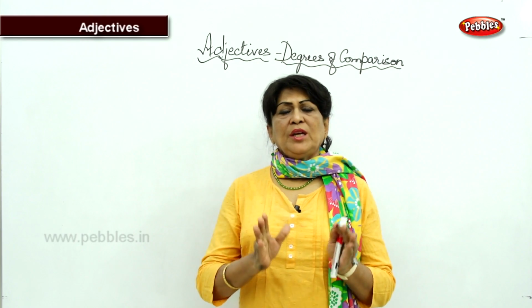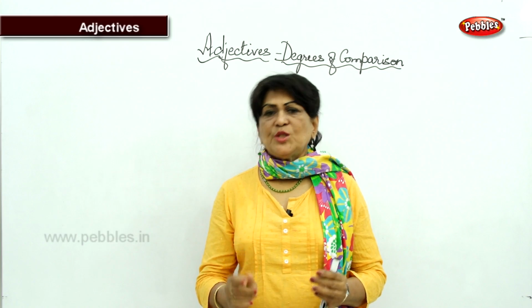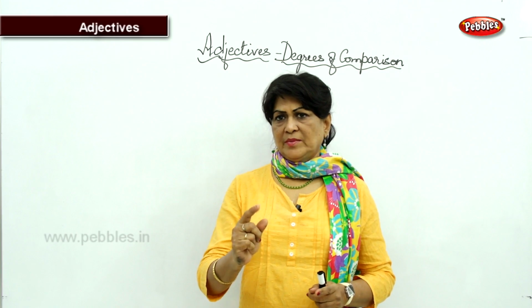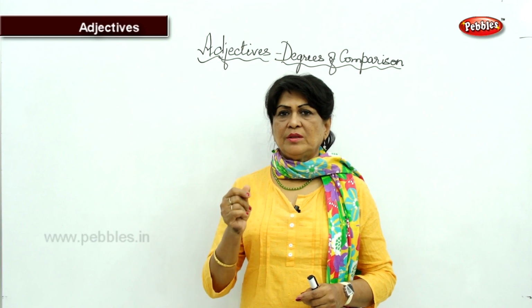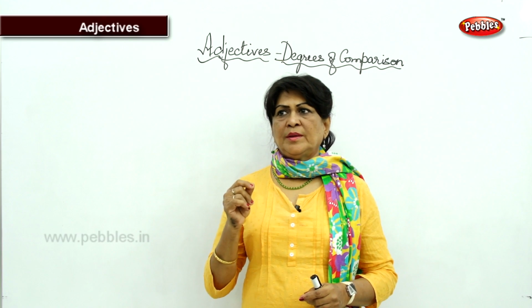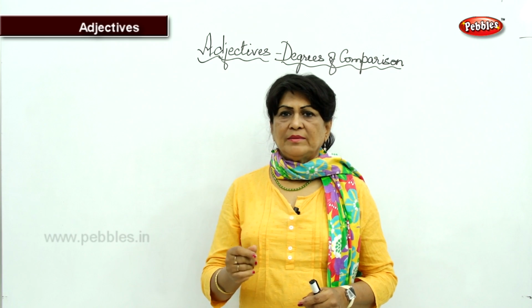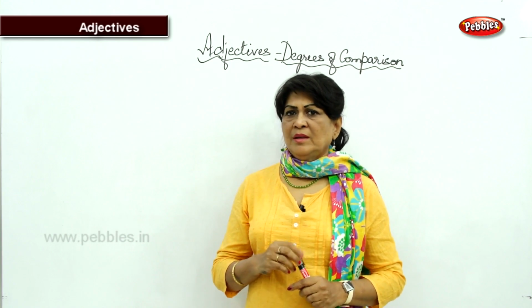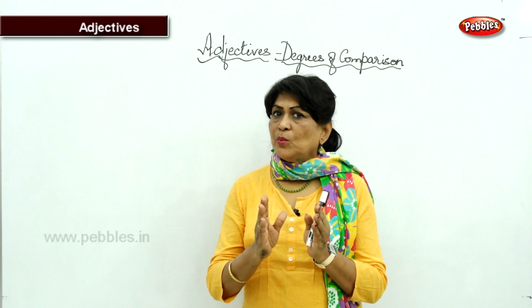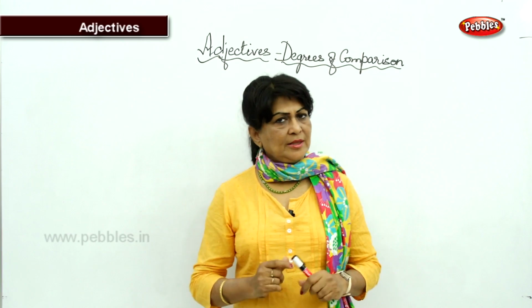Now if an adjective is of one syllable, for example, bad, good, or tall, these are all one syllabled words or one syllabled adjectives.